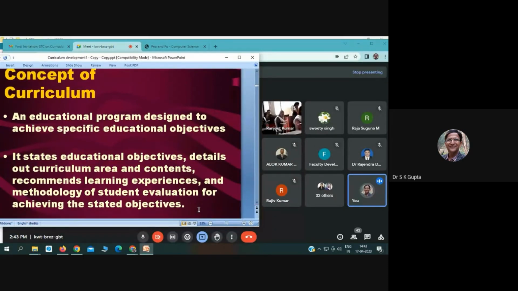Curriculum is like an architectural plan for building construction, because when we want to construct any building, we go to the architect and ask for a plan for our building, where our dining room will be, where our bedroom will be, where our kitchen will be.